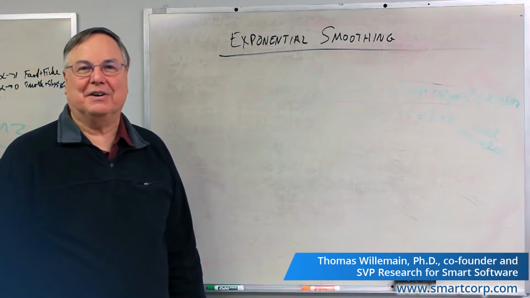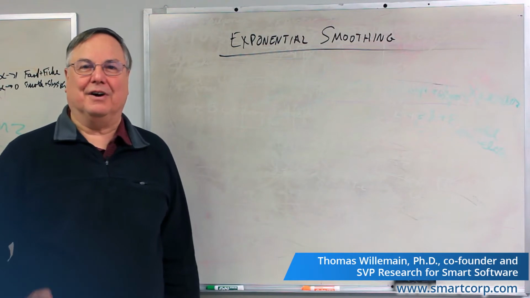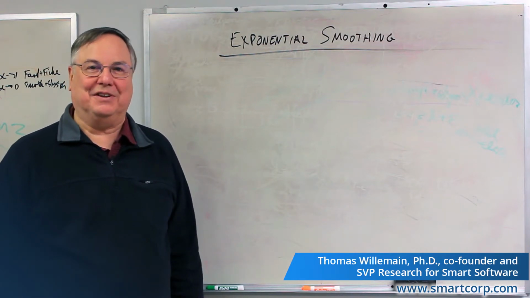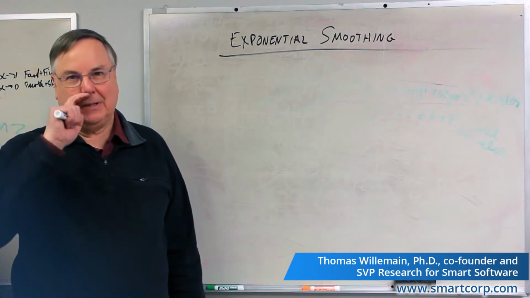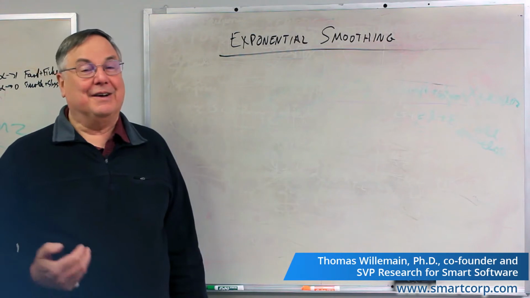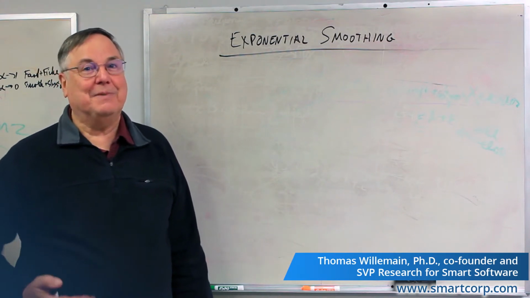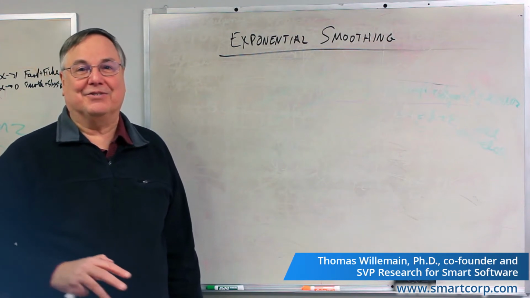Today we'll be talking about a particular common, widely used, and often effective forecasting technique called exponential smoothing. I want to talk about the basic thinking behind exponential smoothing, and after I do that, I'm going to show some math, so you might want to settle in and just go with it.